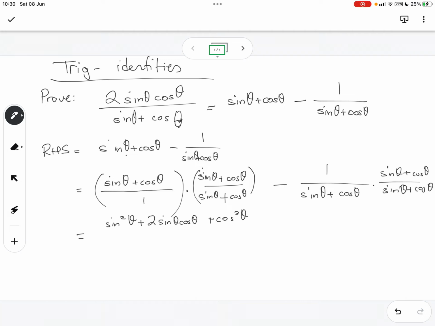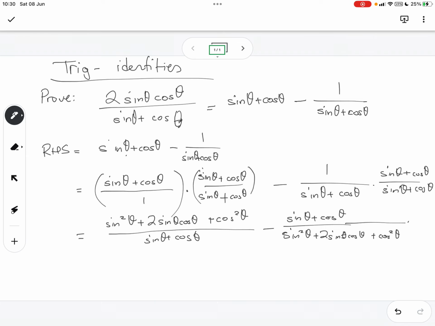And this gives us sine squared theta plus 2 sine theta cos theta plus cos squared theta over sine theta plus cos theta, minus sine theta plus cos theta over the same as that, which is sine squared theta plus 2 sine theta cos theta plus cos squared theta.